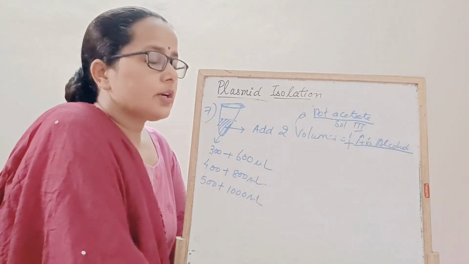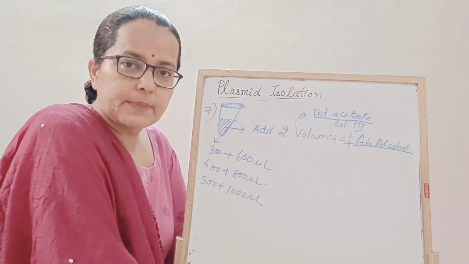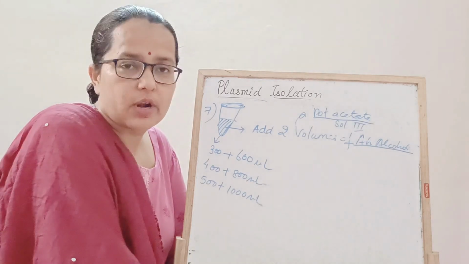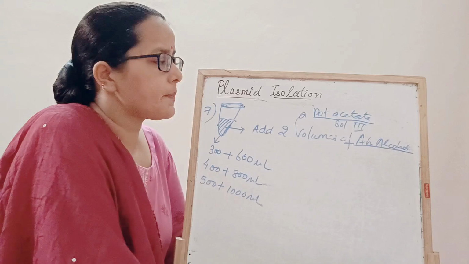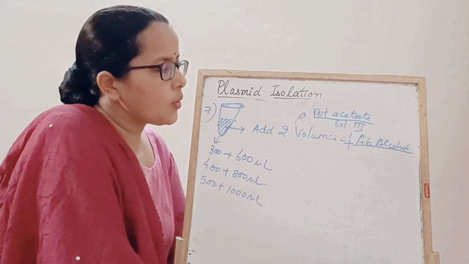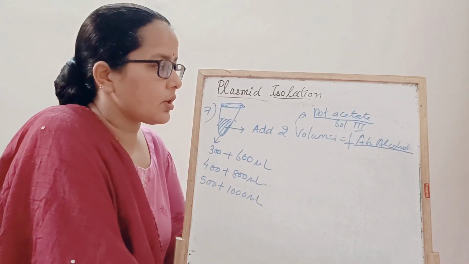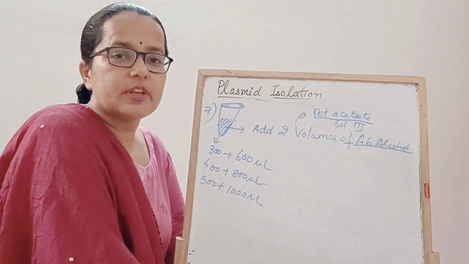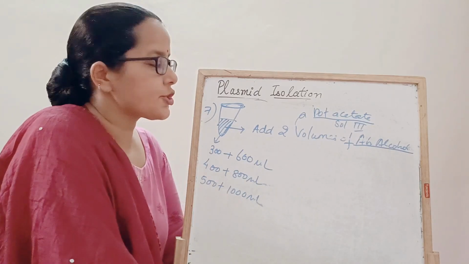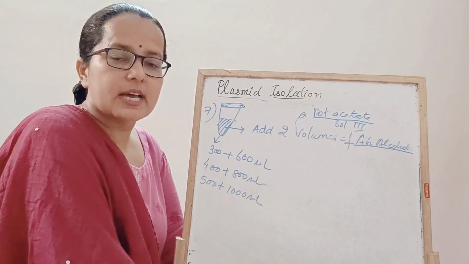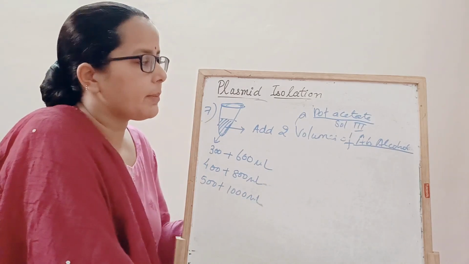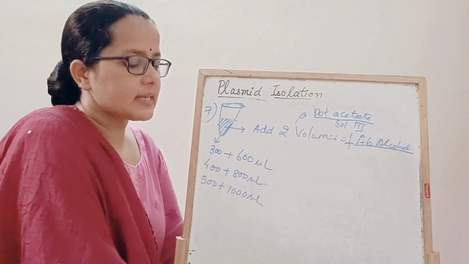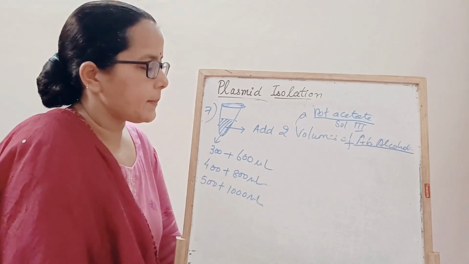As you are adding your alcohol for the precipitation, you need to add a salt which helps in the precipitation. So here we don't have to add any salt because solution 3 already has potassium acetate, which will help in the precipitation of your plasmids. Because plasmids are larger DNA molecules, they will be precipitated by potassium acetate. So you don't have to add it.